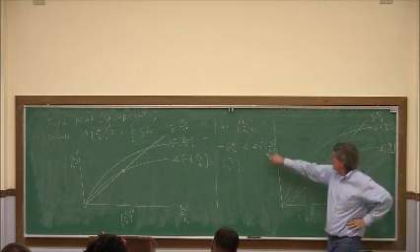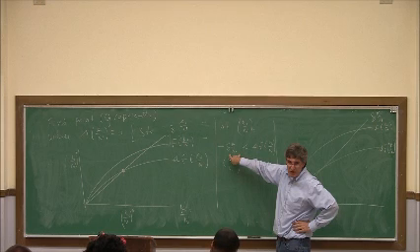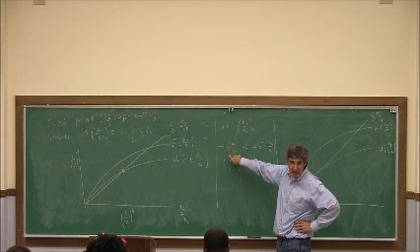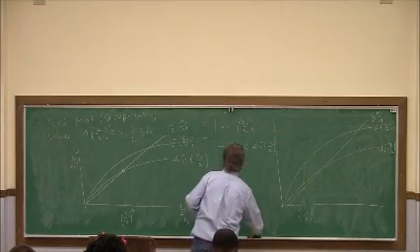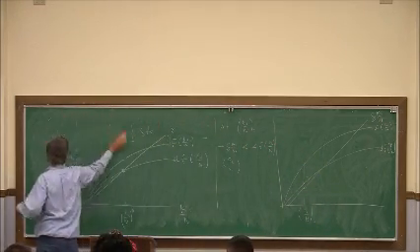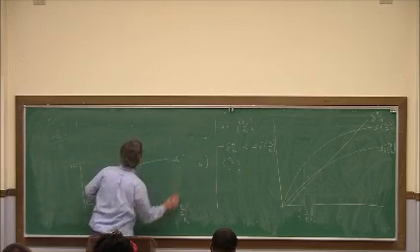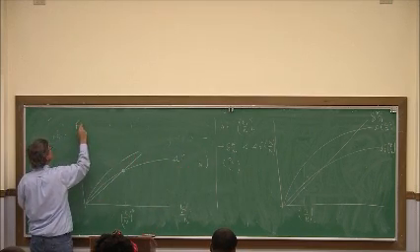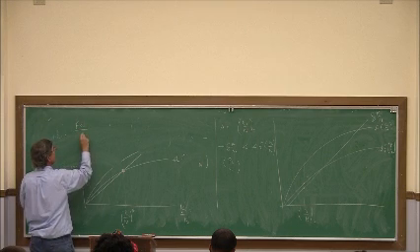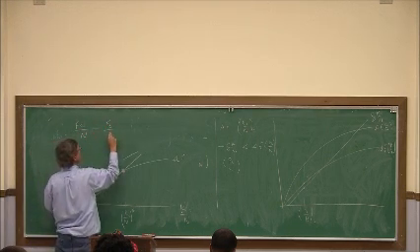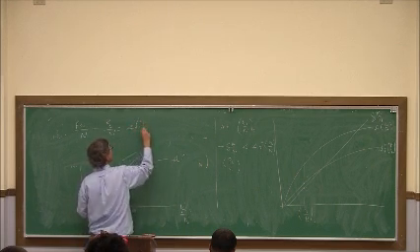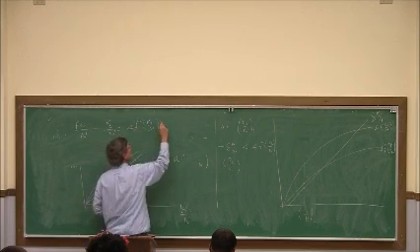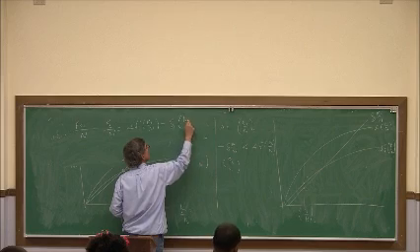So if investment is bigger than depreciation, what must be happening to the capital stock, k over n? Remember that k t plus 1 over n minus kt over n is S f of kt over n minus delta kt over n.